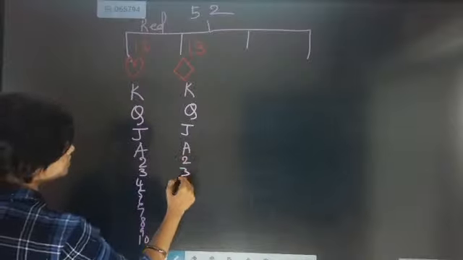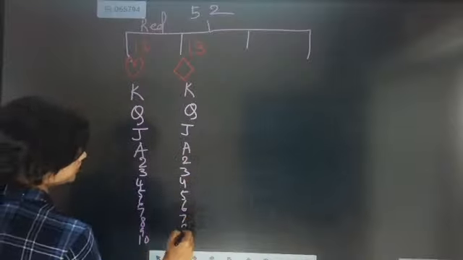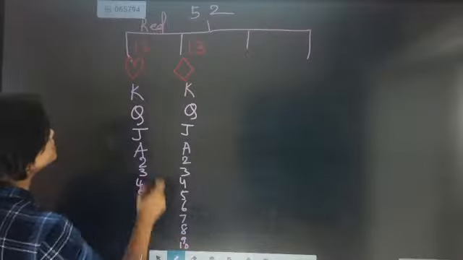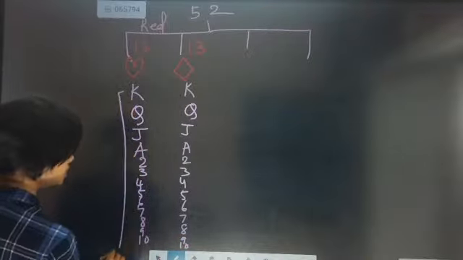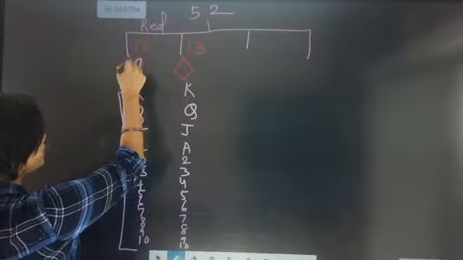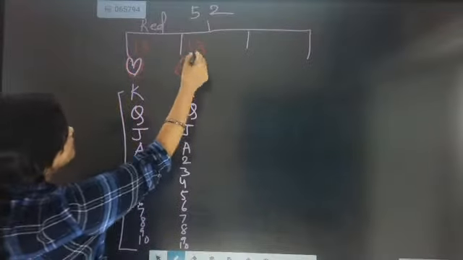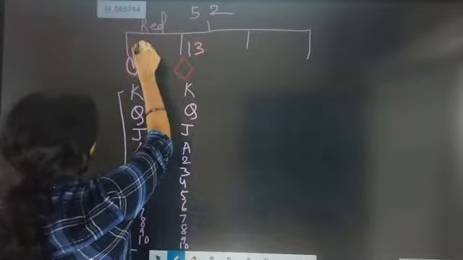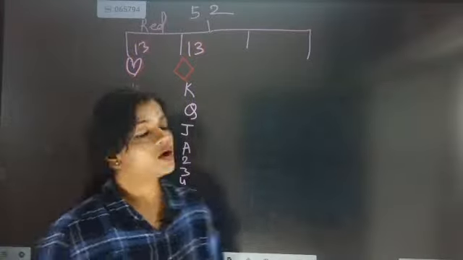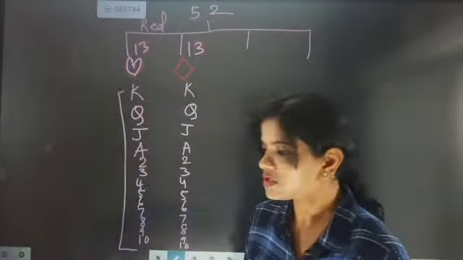Here also 2 to 10. So a total of 13 cards. Hearts are exactly 13, and they are called red cards. So how many red cards are there in total?